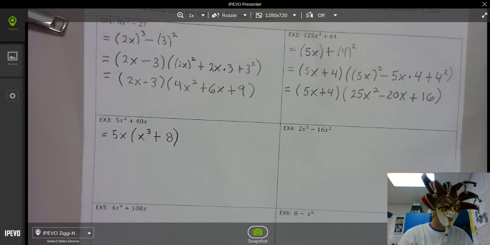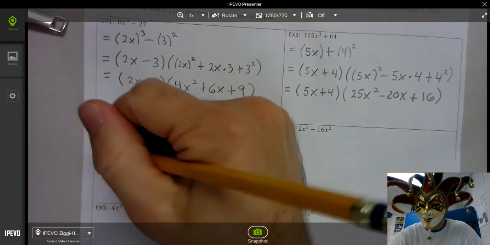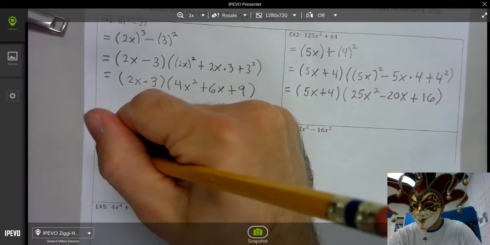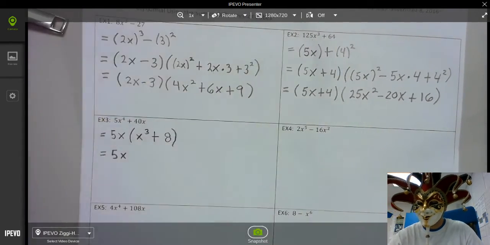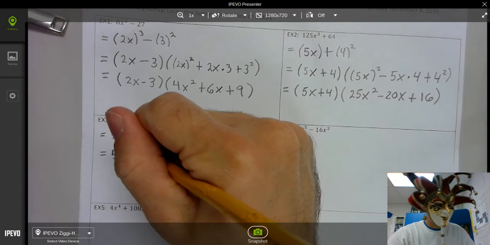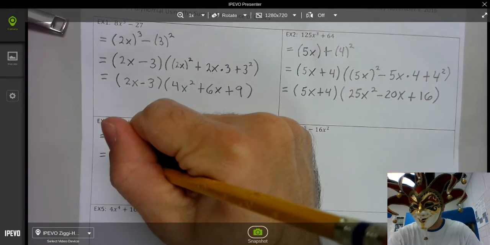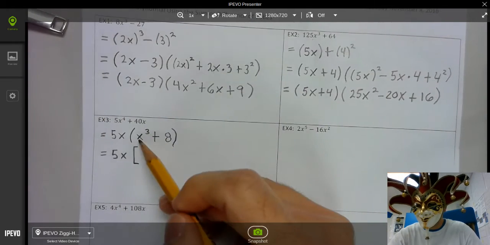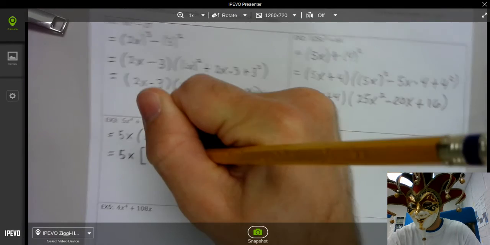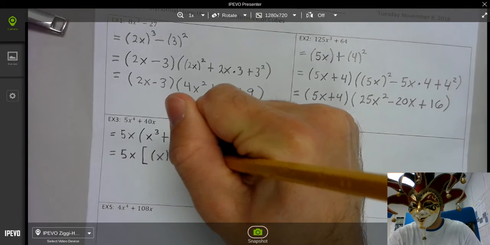Okay, so that is 5x times x cubed, so x is the a value, plus 2 cubed.